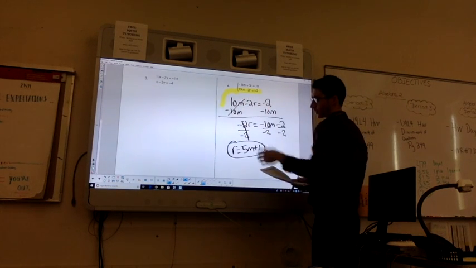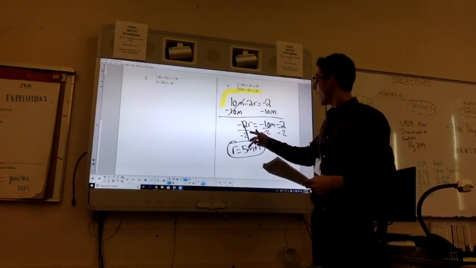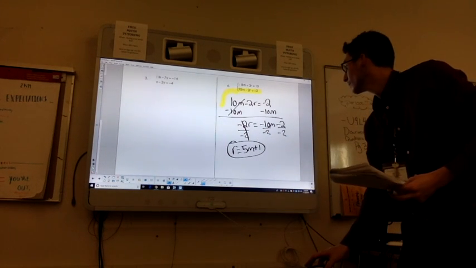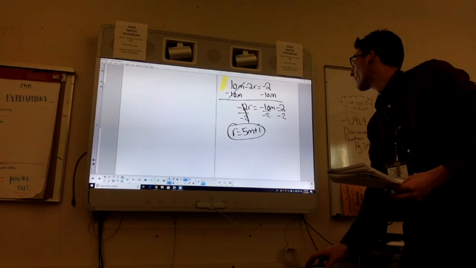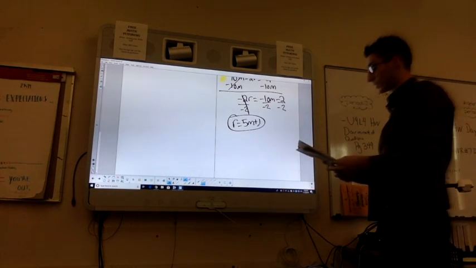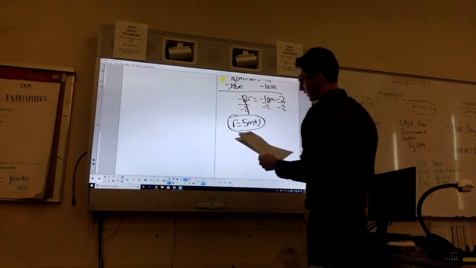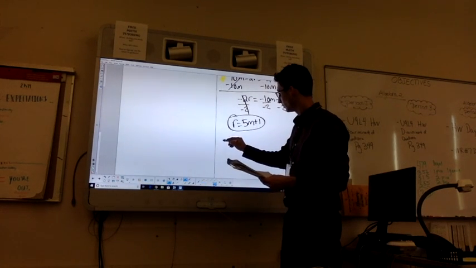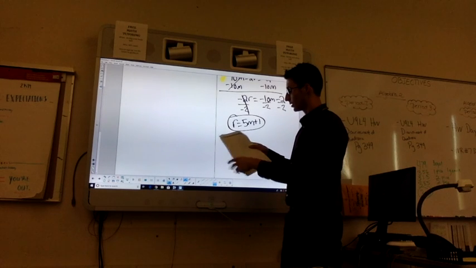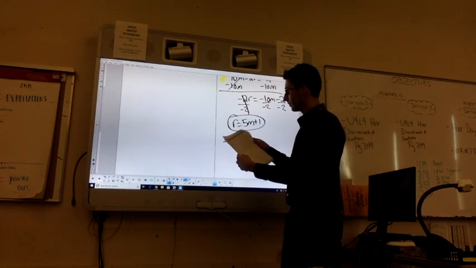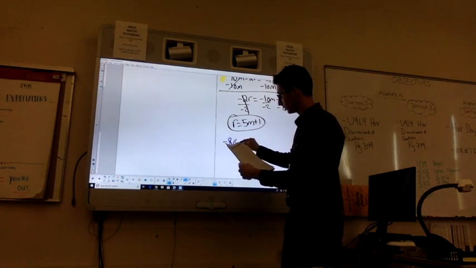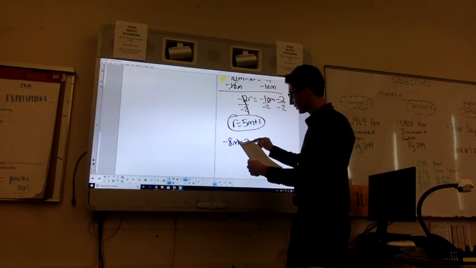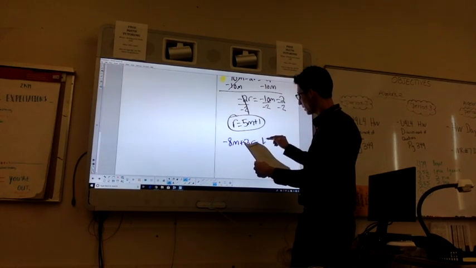figure out our letter of m. So let's pick negative 8m plus 3r. So I'm picking the first equation, negative 8m plus 3r equals 10.